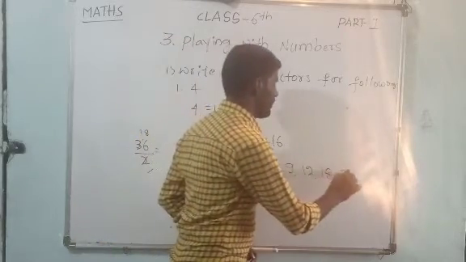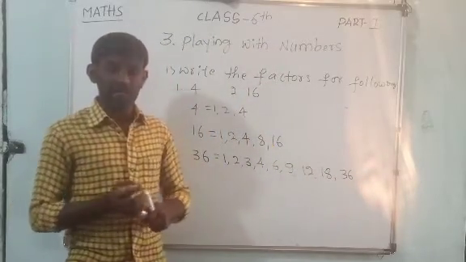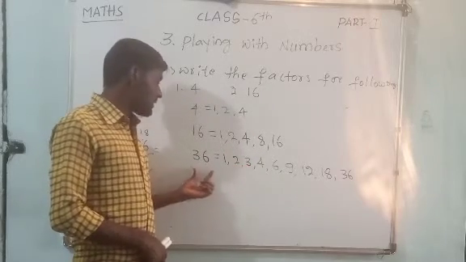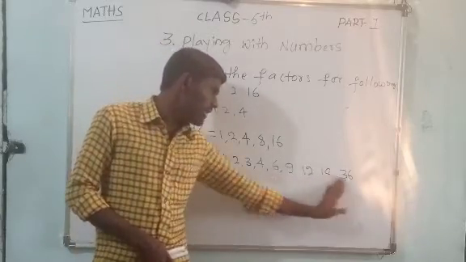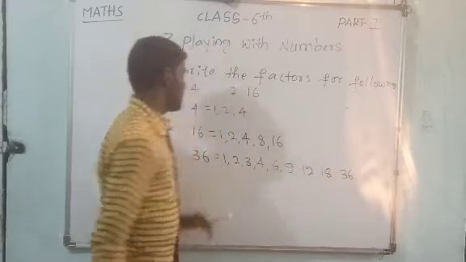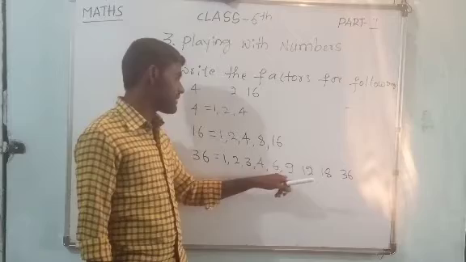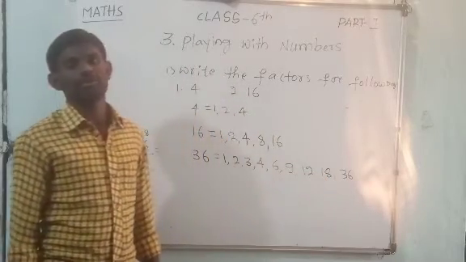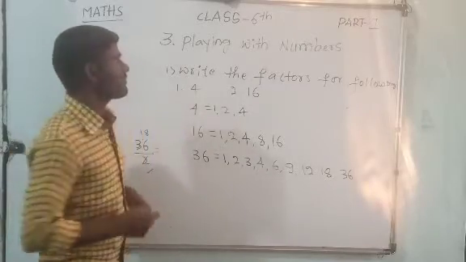Then finally 36. See how many factors there are. 36 can be divided by all these numbers I have written: 1, 2, 3, 4, 6, 9, 12, 18, 36. These are all the factors of the given number 36.